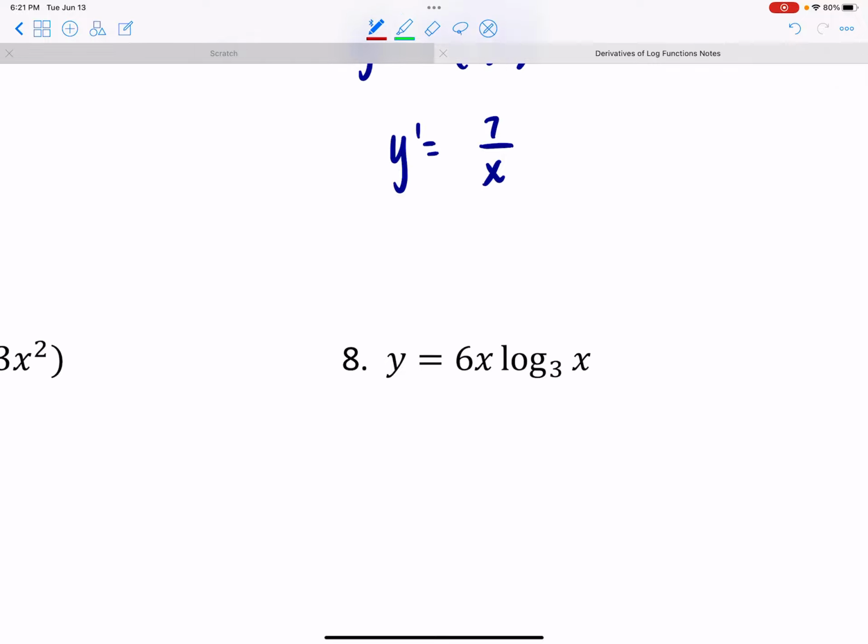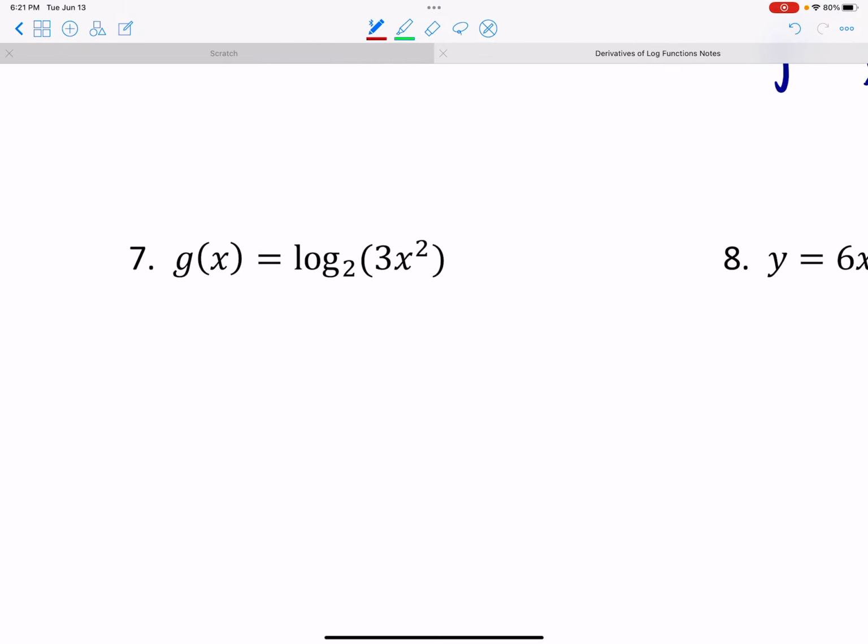Okay, now, g of x, back to a common logarithm, base of 2, so log base 2 of 3x squared. So again, we're going to apply our chain rule here because our inner function is no longer just an x. So g prime of x. With a common logarithm, we look at the reciprocal of our variable, which in this case is not just an x, it's going to be 3x squared.